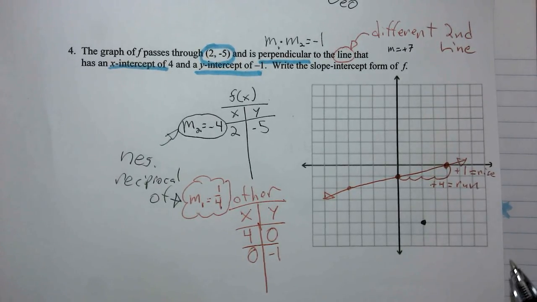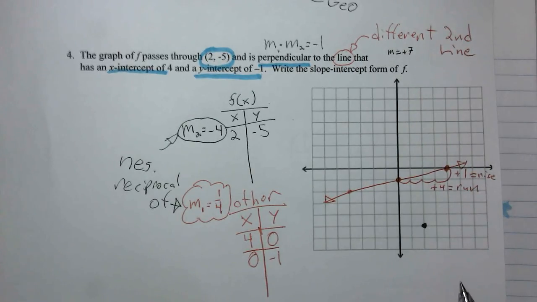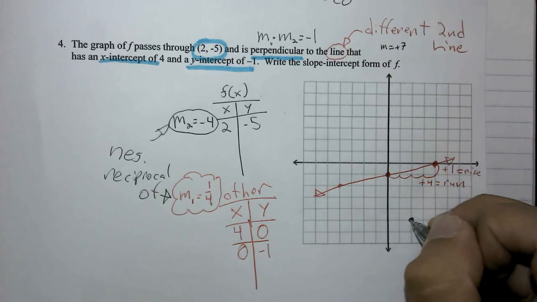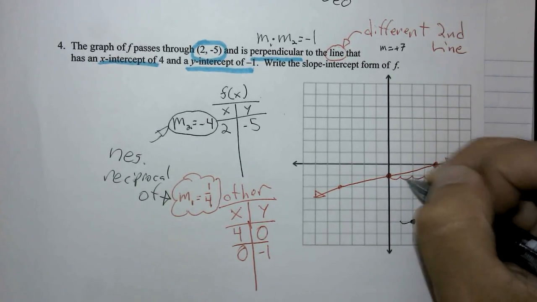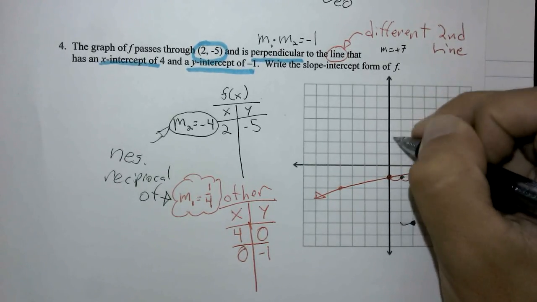We can continue this idea and start to piece together what this will look like. If the slope's -4, it's going to go over 1, eventually going down 4, but in this case, we'll backtrack. Just sketching this out so we have a visual.